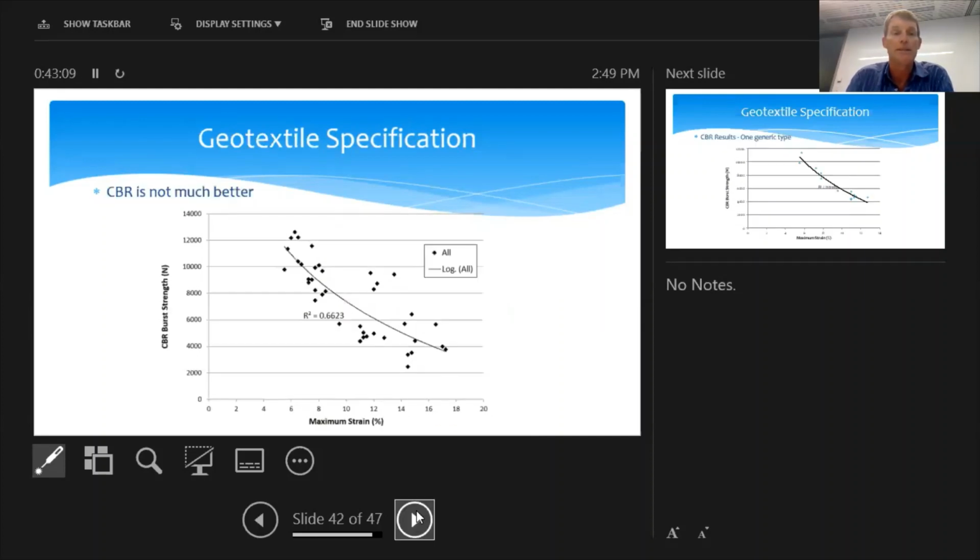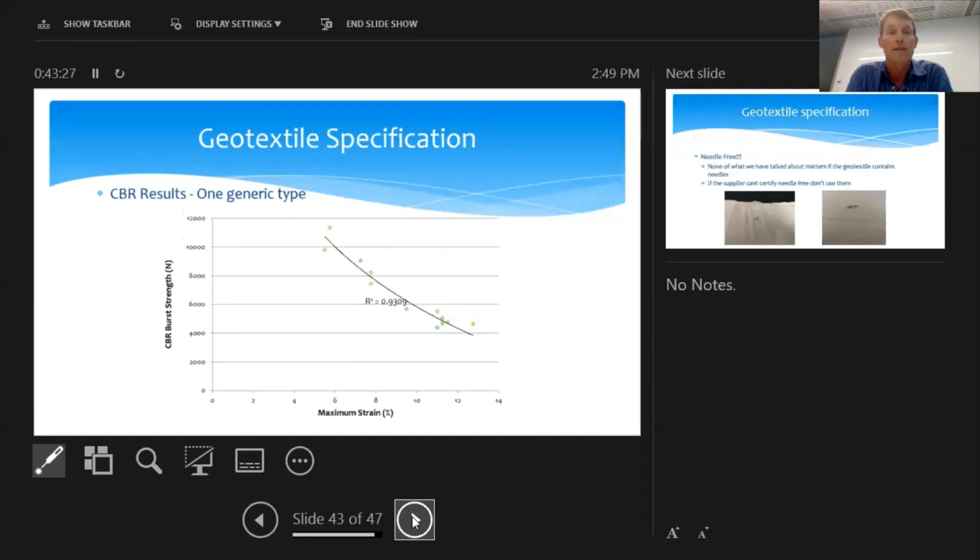What we can see is that there's a slight improvement if you talk about CBR of the material. The R-squared value goes up to 0.66, 0.7, around those sort of numbers. So we're starting to get to the right way of looking at it.